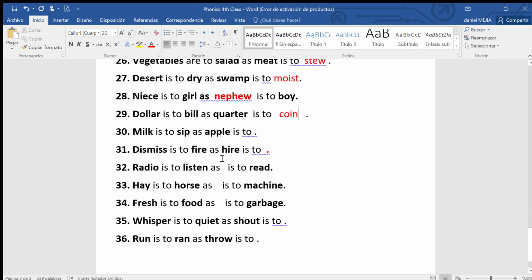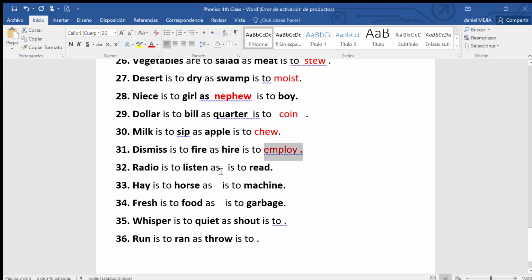Number 30. Milk is to sip, as apple is to, remember, nom, nom, nom, chew. Dismiss is to fire, as hire is to, when you give someone a job, employ. Okay, employ.